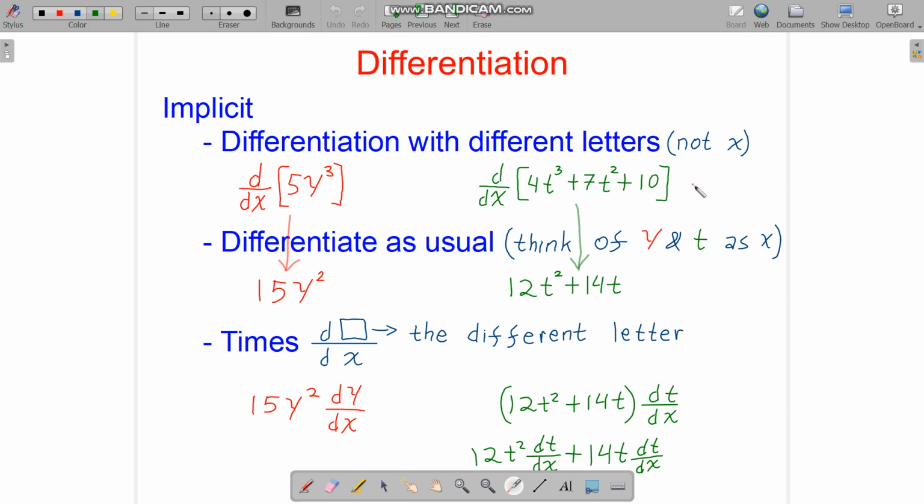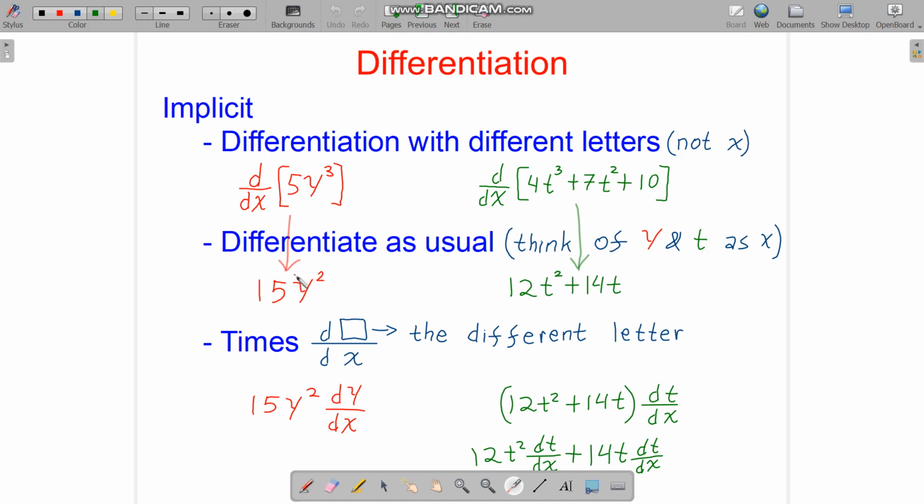when we use different letters, not x, so for example d/dx of 5y to the power of 3, you see we have x and y here, or d/dx of 4t cubed plus 7t squared plus 10, so we have t and x, different letters.